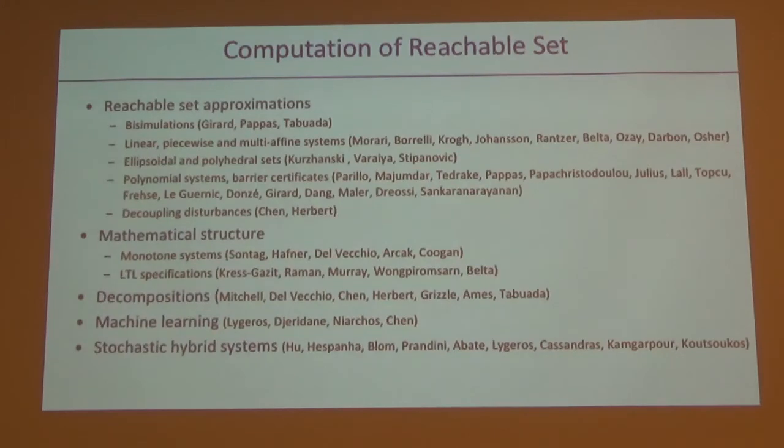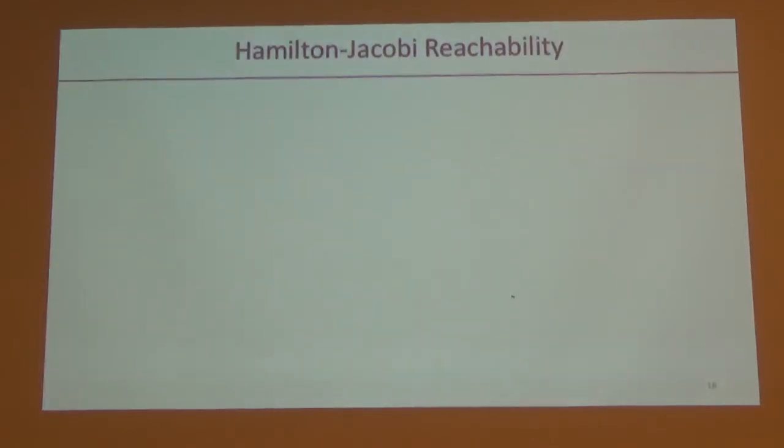There are several ways to compute reachable sets, and here are some of the methods that can be used. Unfortunately, I won't have time to go through a lot of these methods, but in the tutorial paper, we have presented a brief overview of some of these methodologies. In this particular tutorial, we will focus on the Hamilton-Jacobi analysis to compute the reachable sets, primarily for 3 reasons.